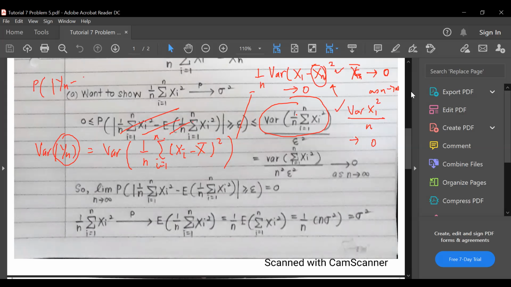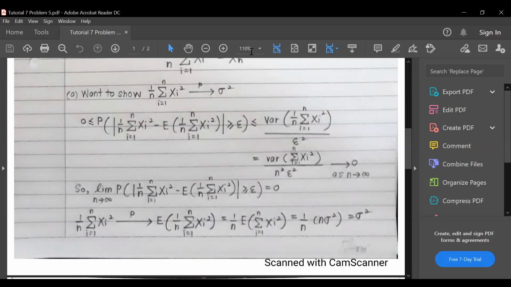Yes, 0. You don't even need this. You can just invoke the result and say that this is equal to 0. Okay, thanks, Aishwarya.